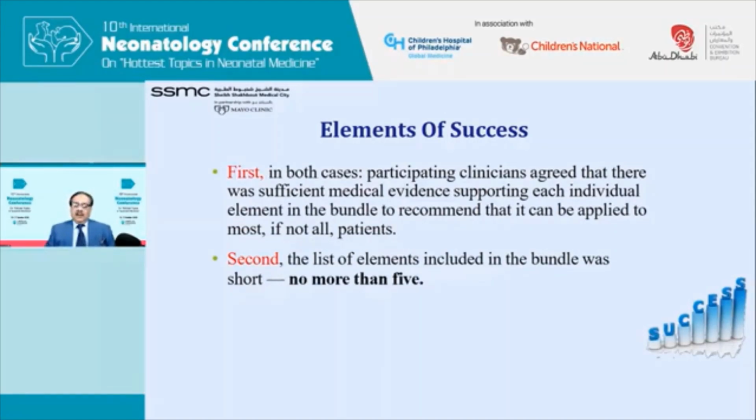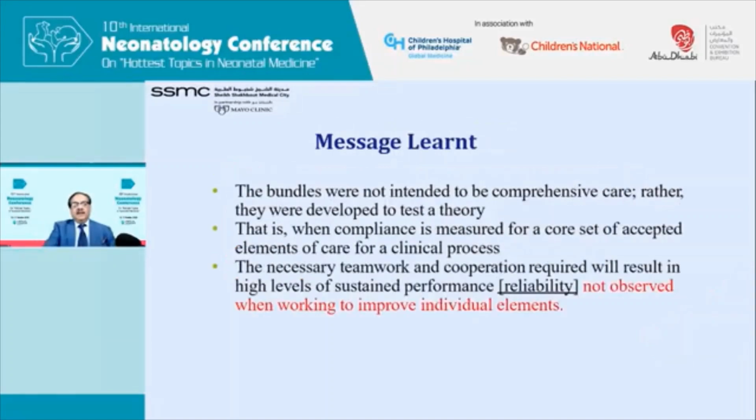That's why the idea of algorithms and pathways comes: in this time you have to do that much treatment, in a very short and nice way. So this bundle should not include more than 5 steps.